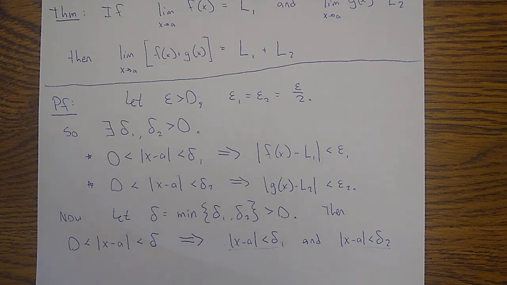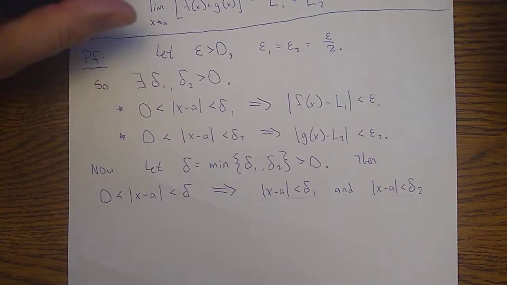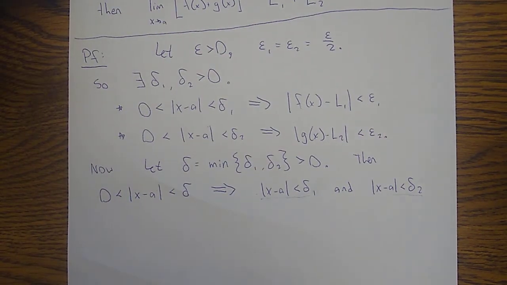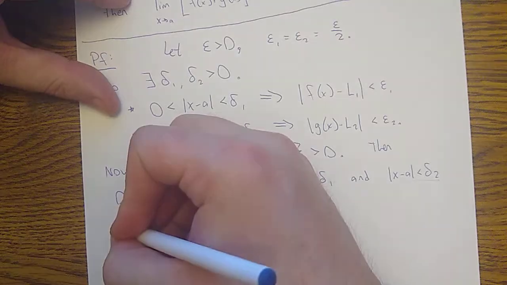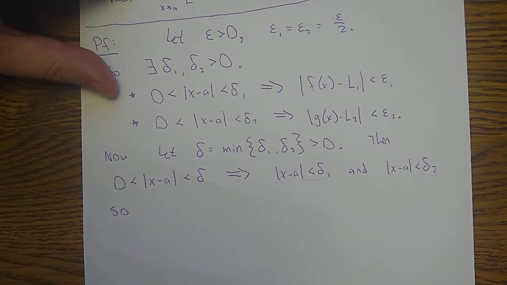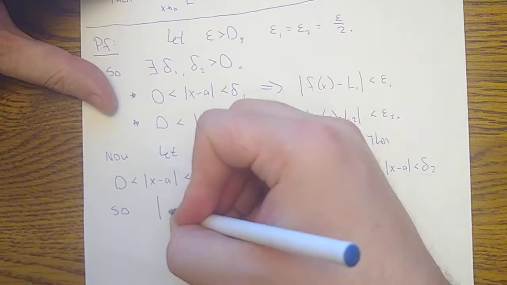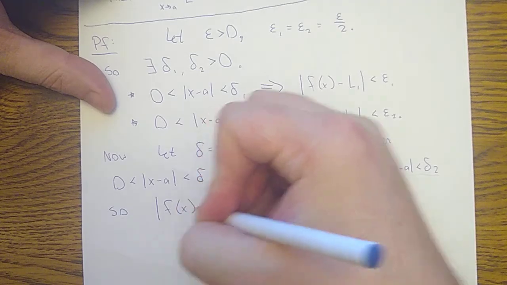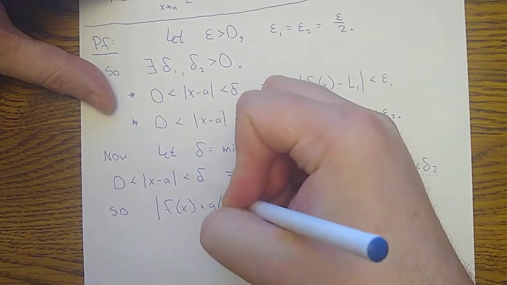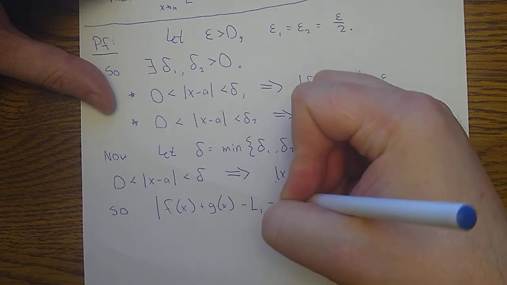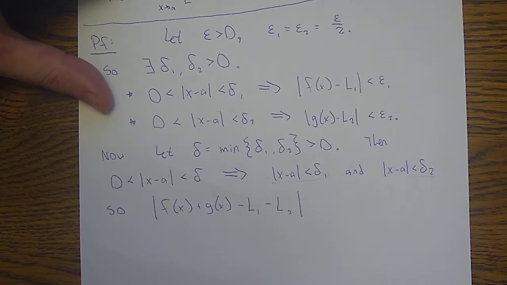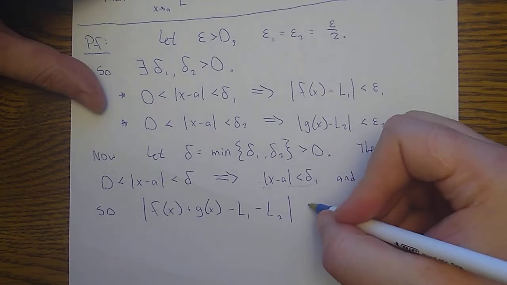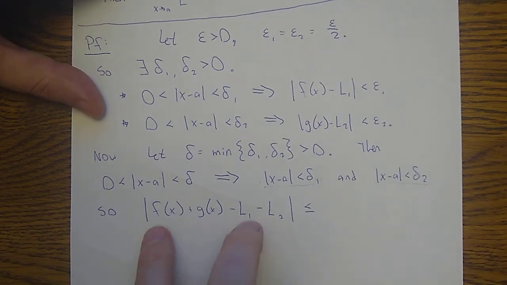Okay, so now that that's out of the way, I think this won't be too much harder. So I start talking about this thing. I'm really ready to talk about it now. I break this up using the triangle inequality into this.